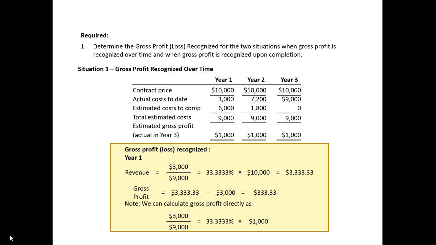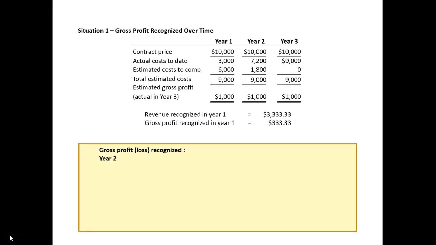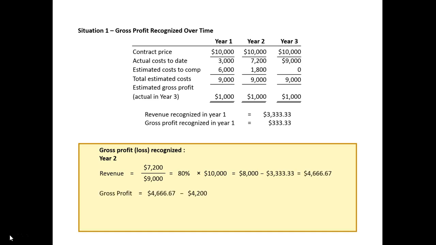33.33% times 1,000. So now moving on, in year 2 we recognize the gross profit by the total cost divided by our estimated cost total, which gives us 80% completion times our contract sales price. That gives us the revenue that should be recognized, take away what was recognized in year 1 to give us what needs to be recognized in year 2.